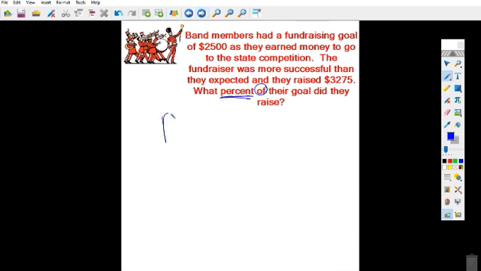So I'm going to use P for percent, times for of. Now their goal was 2,500. So percent times their goal equals what percent of their goal did they raise?